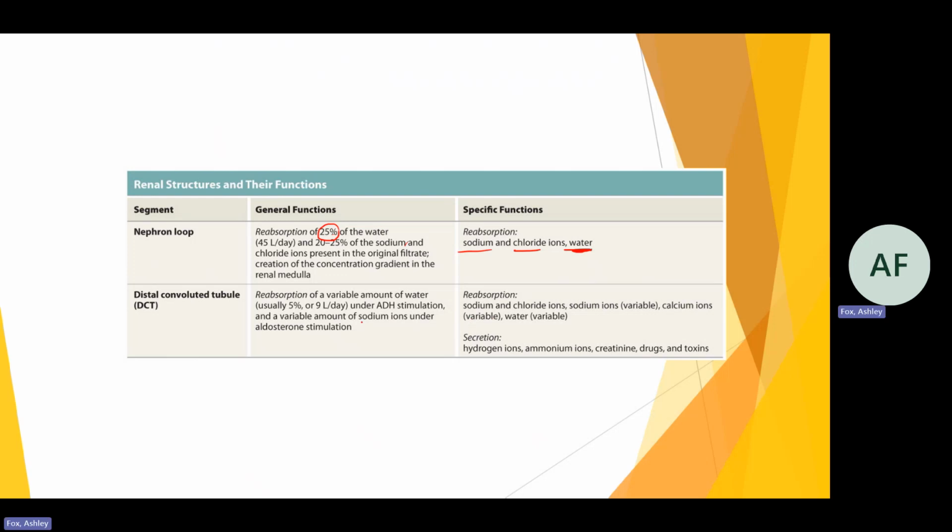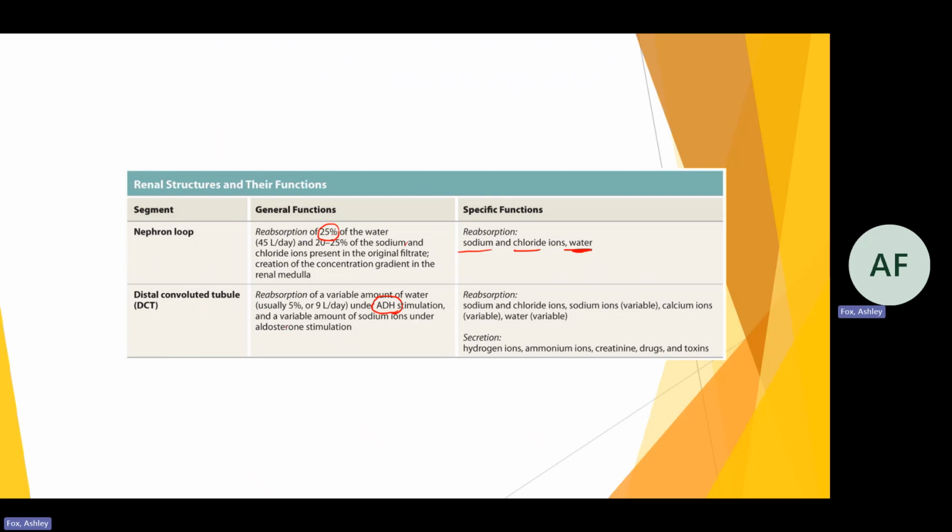The distal convoluted tubule has a variable amount of water. Everywhere else it's kind of a fixed way, and we'll talk about water reabsorption later. Water reabsorption in the distal convoluted tubule is variable because of our friend antidiuretic hormone. Antidiuretic hormone can be around and it's going to change the amount of water that's reabsorbed in the distal convoluted tubule.